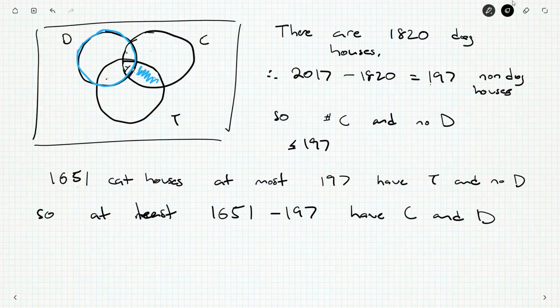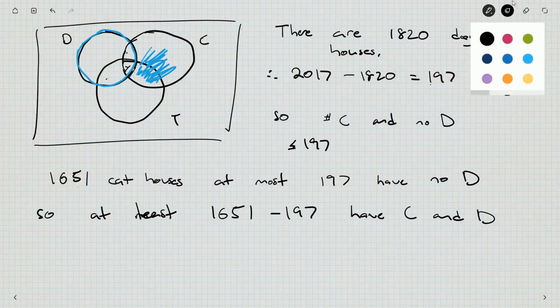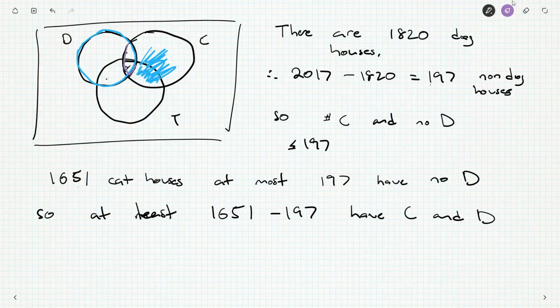So now I'm talking about this whole overlap is at most 197. Okay, so that means that I now have an upper bound or a lower bound on this purple section. And that's 1651 minus 197. So the total in there is at most 1454.